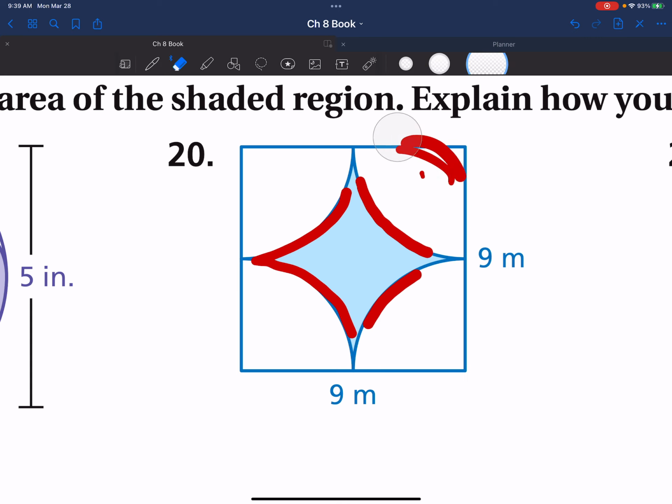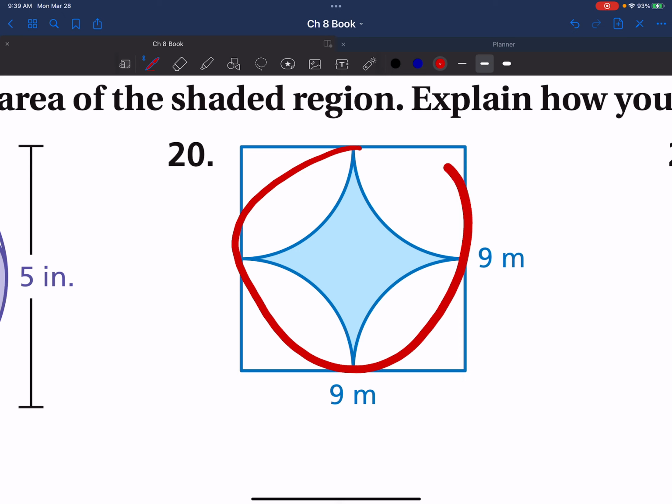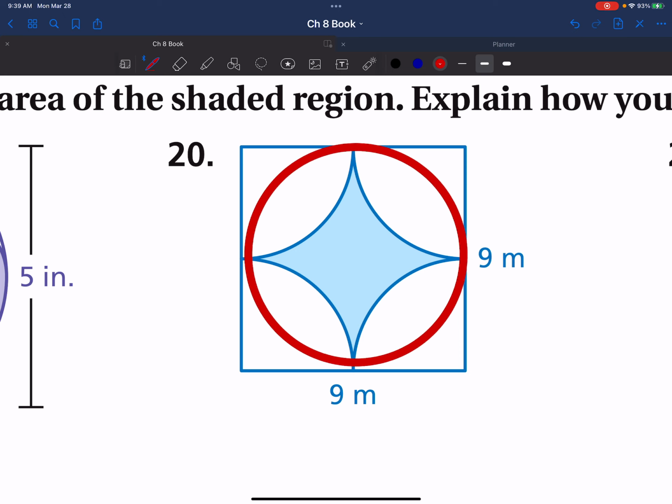So all the white part is a circle. I wish I could draw a perfect circle in there. Ooh, close enough. Oh, there we go. The white parts would create a big circle if I put them all together. So then the blue parts would now be this section that I'm going to color in.